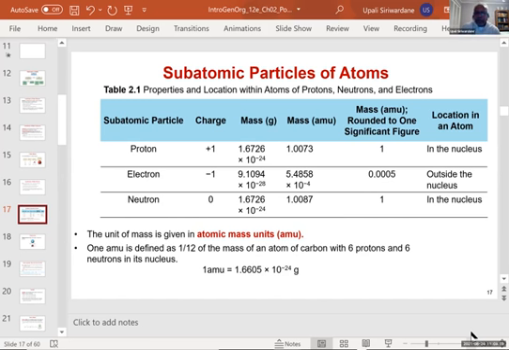Protons and neutrons are in the nucleus. The protons have one positive charge, neutrons have zero charge, neutral. The electron has an equal but negative charge to that of a proton.